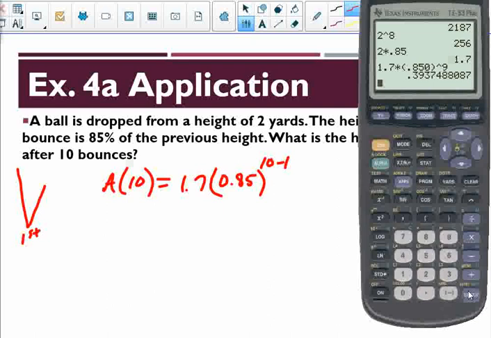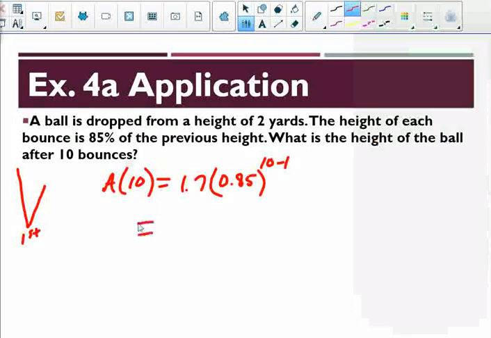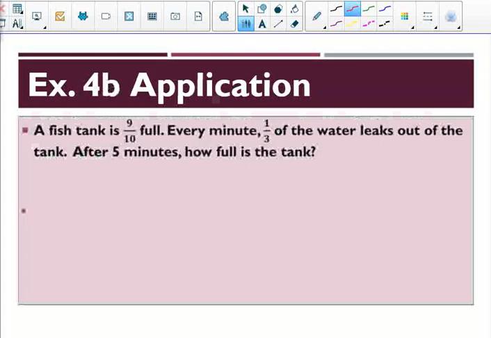We should round our answer. Usually you should round it to the nearest hundredth. So if we round to 2 decimal places, that would be 0.39. That would be our height after the 10th bounce. So 0.39 yards.